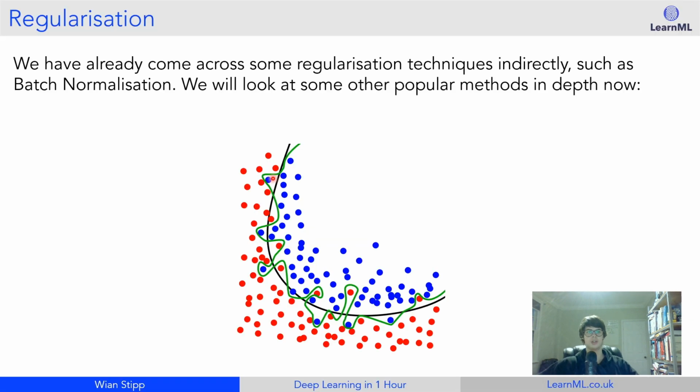Okay, regularization. Regularization is just essentially trying to stop overfitting, where your model learns everything that it can about the training data, but it learns so much on the training data that it can't generalize to out of sample data. And what you want to do is maximize the accuracy on the out of sample data.